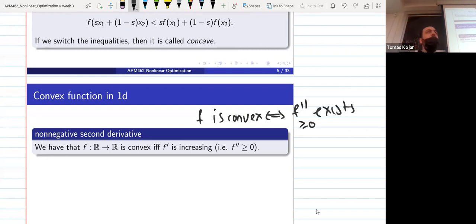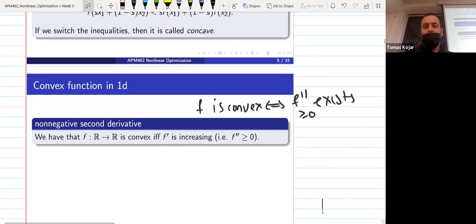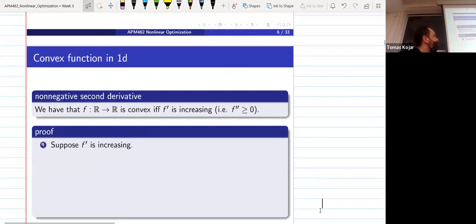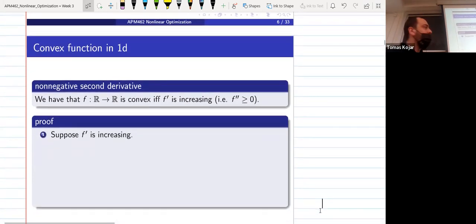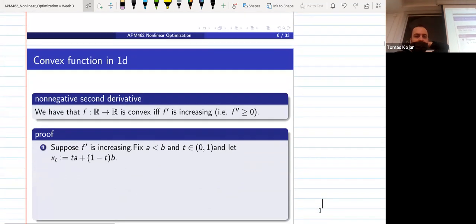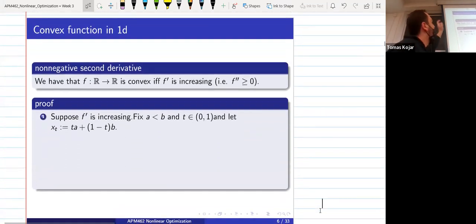But this is far beyond our course. Okay, let's start. I will do one direction because the other one is almost identical. Suppose F prime is increasing, I will show convexity. All right, good. Take two points and look at the interpolation point, x of t.